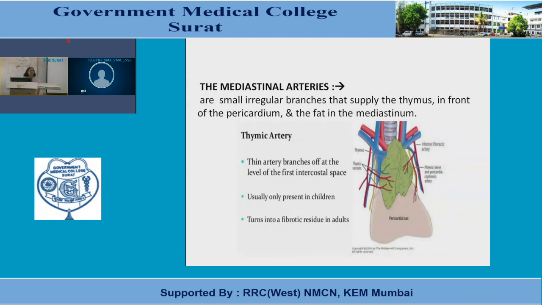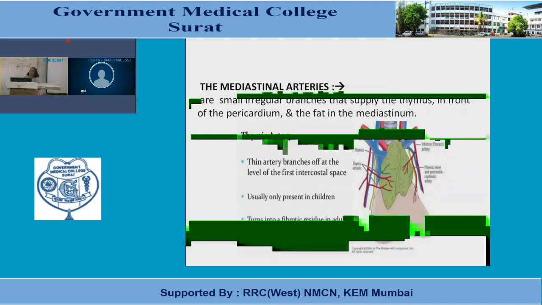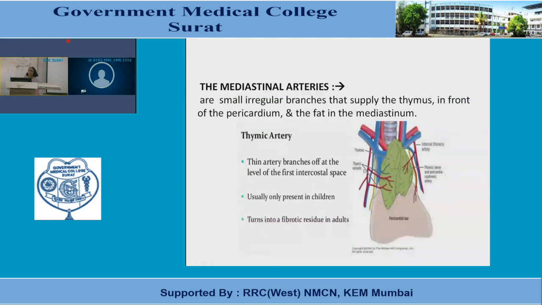The thoracic cage is where the vital organs of life are located, like the heart and the lungs with their great vessels. So these small irregular branches supply the thymus, the front of the pericardium, and the fat in the mediastinum. In the given diagram you can see the internal thoracic artery, the phrenic nerve and the pericardiophrenic artery, and here the thymus gland.